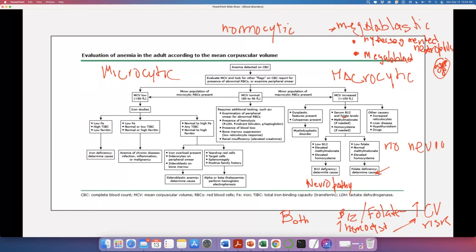Or they have a liver disorder? Or a parasitic infection. There are many different causes. And these B12 and folate deficiencies are the main causes of megaloblastic anemia.